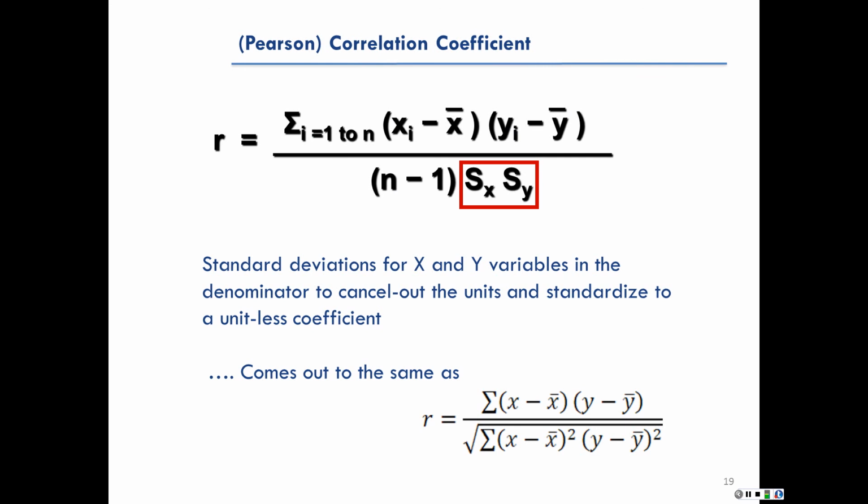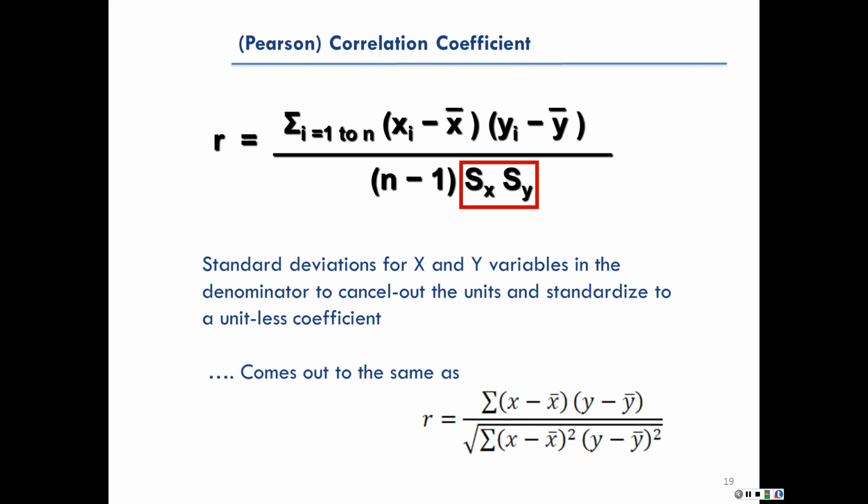It's often symbolized by the lowercase letter r, also called the Pearson correlation coefficient. You can see in the numerator, this should look familiar, for each individual observation x, we're subtracting the mean value. We're also doing the same for each individual observation y.